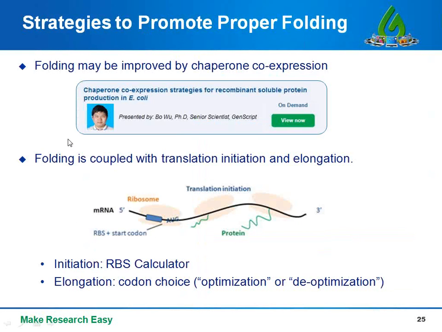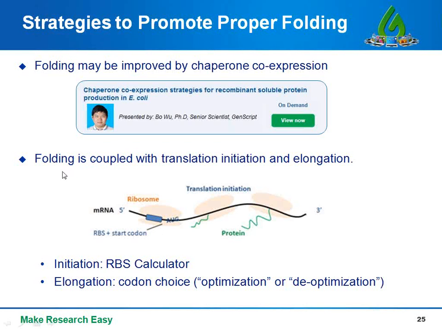Keep in mind that when you encounter problems, for example, how to promote proper protein folding, there are usually several different approaches that you can take to address that problem at different levels of your workflow. So for example, to promote proper folding, one strategy would be chaperone co-expression. And again, we've got an archived webinar you can check out about that.